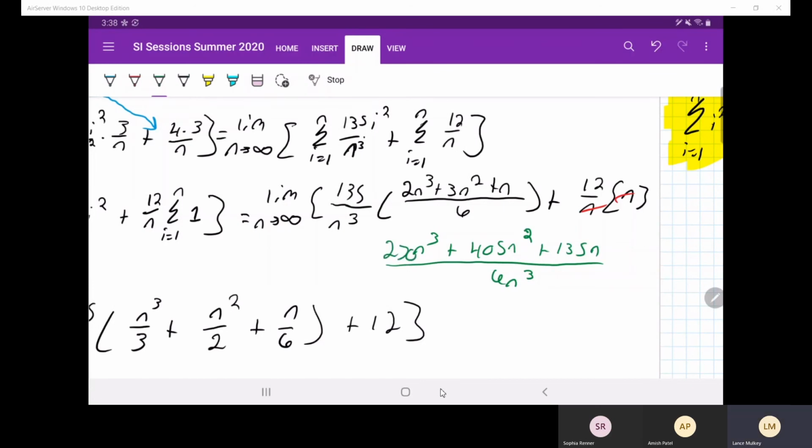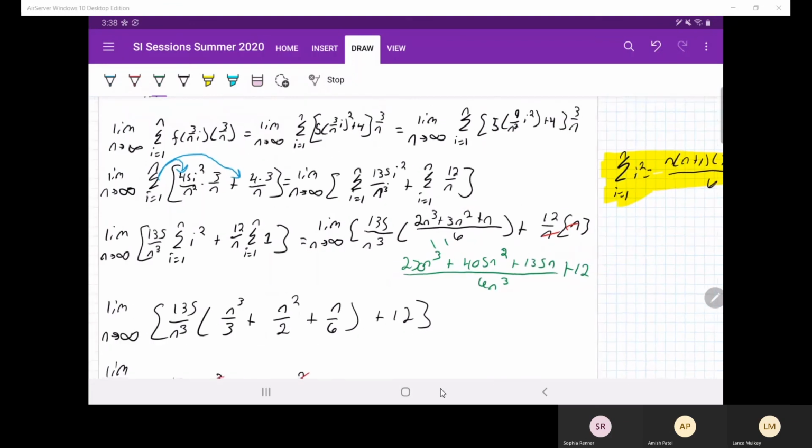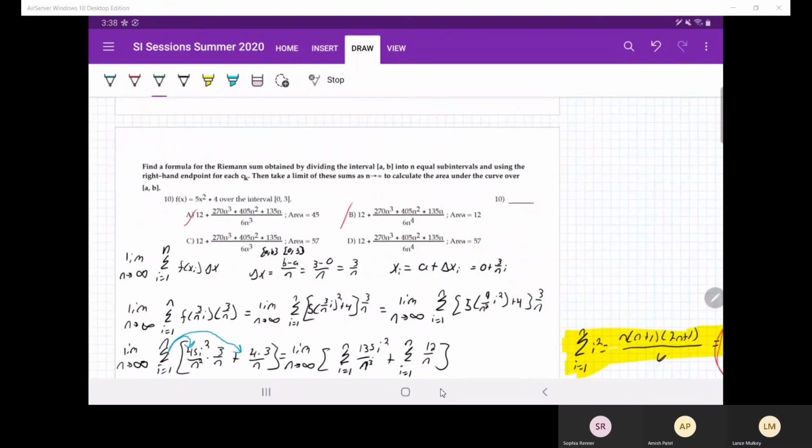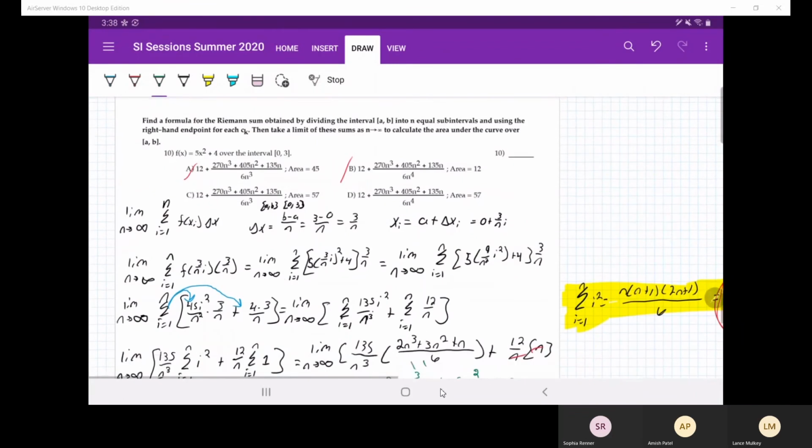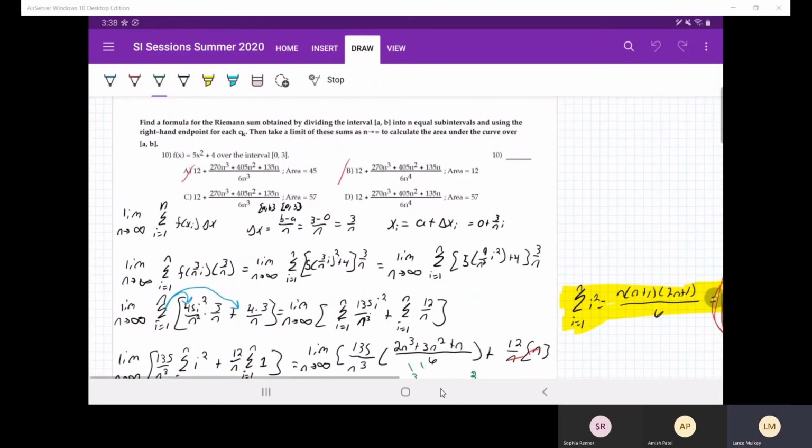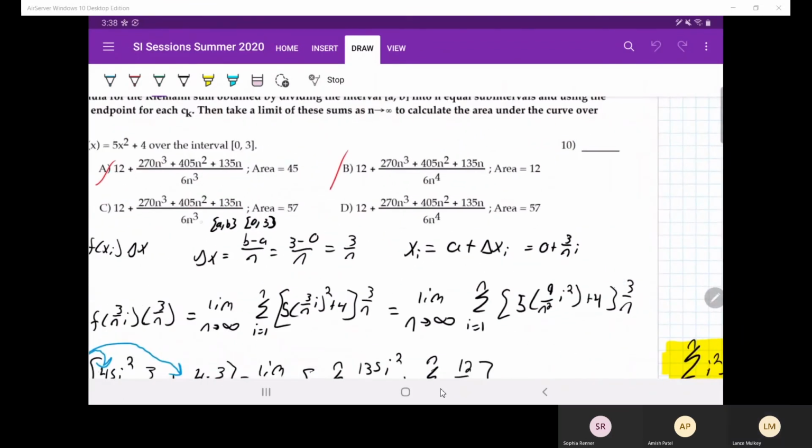He just distributed it right there. And the only difference between these two is the power on the bottom. So your correct answer.